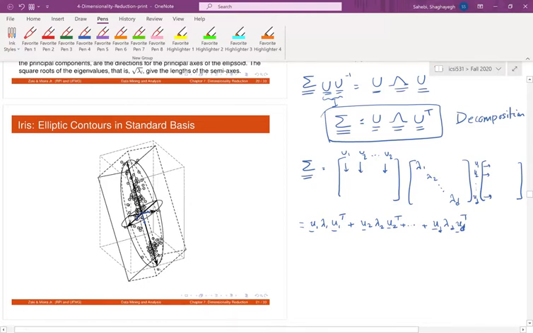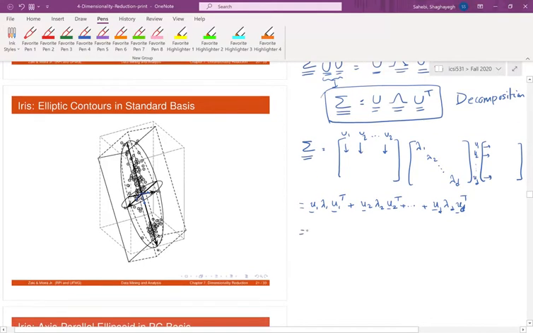Because lambda i's are scalars, this is equal to the sum over i of lambda i, vector ui, and vector ui transpose, right?